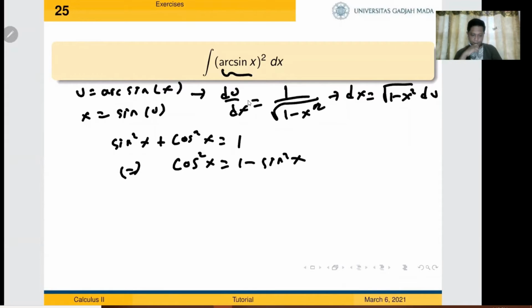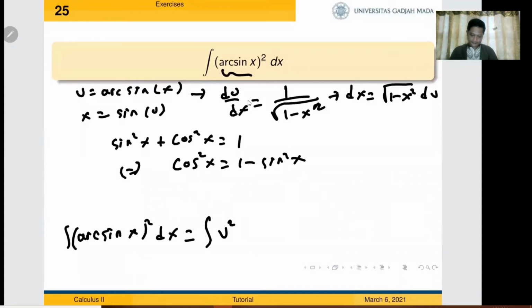And what again do we have to do? Try to change everything. Integral of arcsin x squared dx. Try to change everything. Arcsin x is u, so we have u squared, and then what is dx?